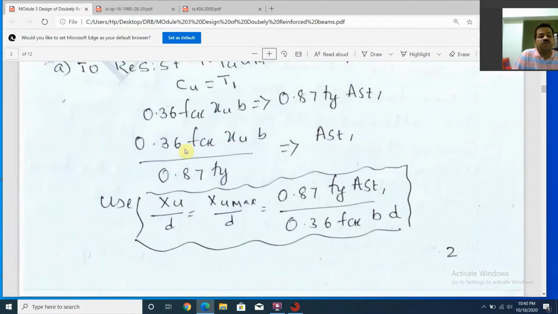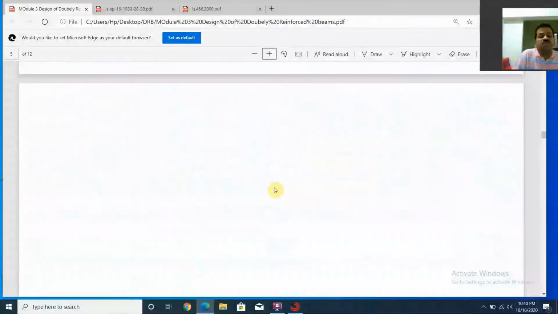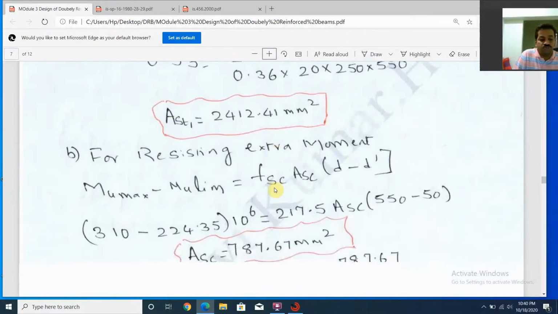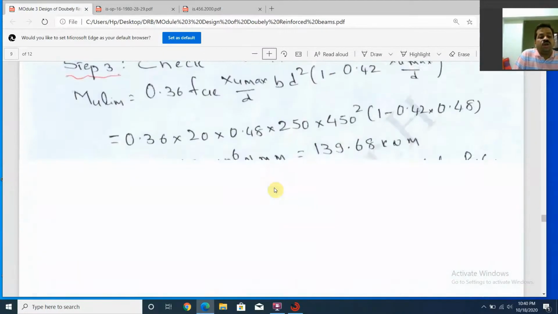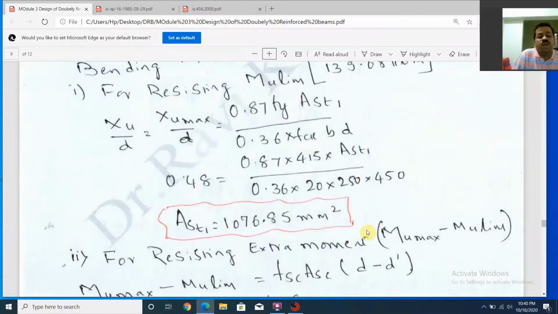So this was the derivation: Xu max by d is equal to 0.87 fy Ast1 by 0.36 fck b d. That's what I've written here, the same formula. Substitute all the values of grade of concrete, grade of steel, as well as the breadth and the depth.